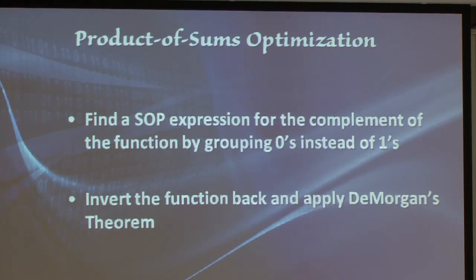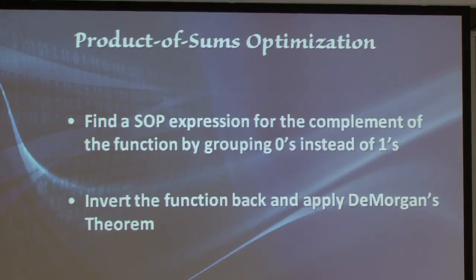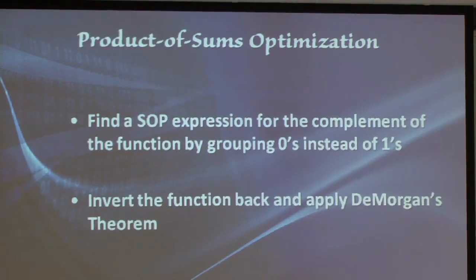I'll introduce this one. Now, in order to come up with product of sums, you can do it directly from the corner map in a similar, not exactly, but in a similar way to the method we used before. It turns out that it's actually easier to find the sum of products expression like we've done it, because this is what you'll do most of the time, and this is what you'll get used to.